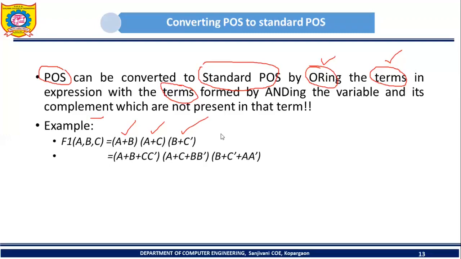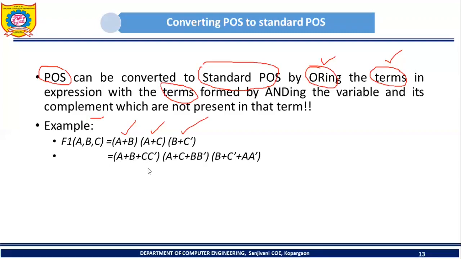Now see, what do you have to do here? Now you have to apply which property? The distributive property of Boolean algebra. Which distributive property? The OR distributive property. So this first term can be written as: in the first bracket I will have A plus B, then this plus C comes in the first bracket, A plus B plus C, bracket complete.